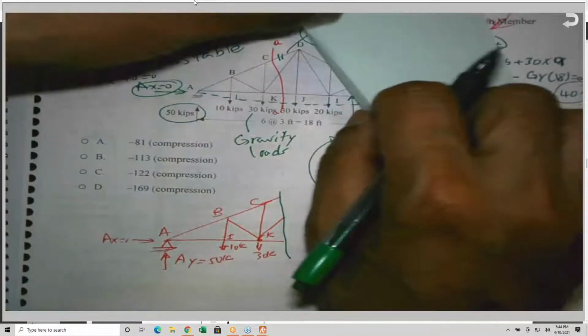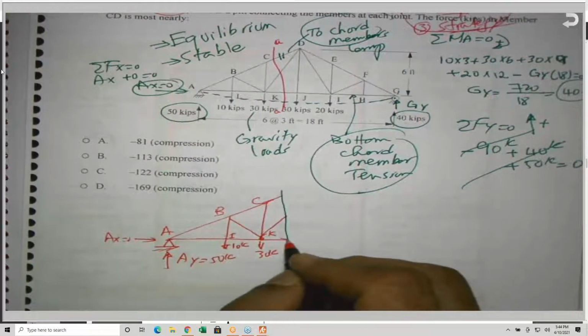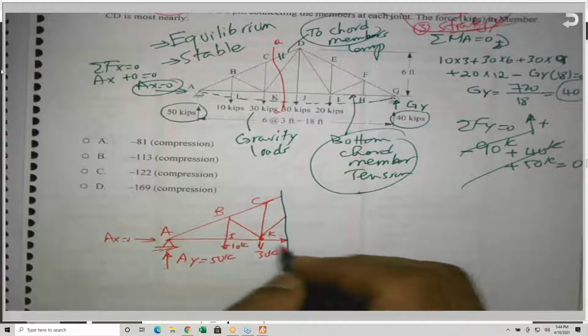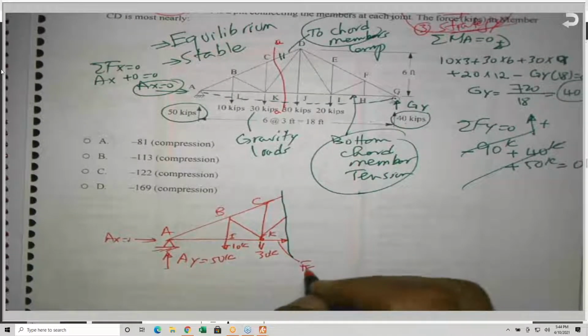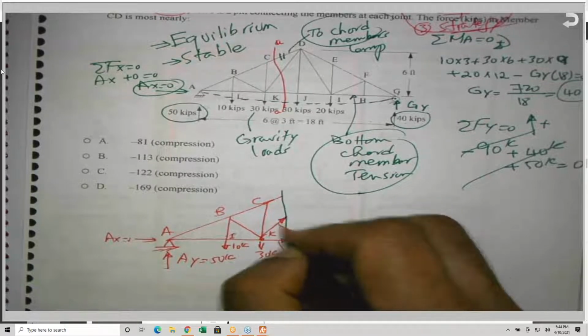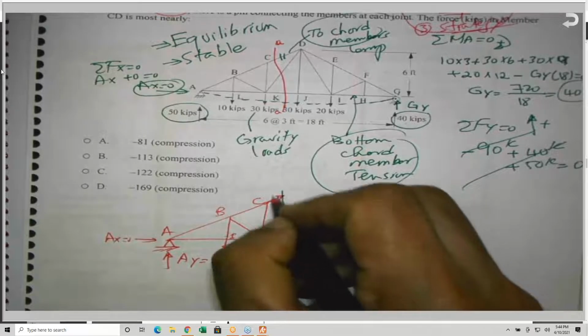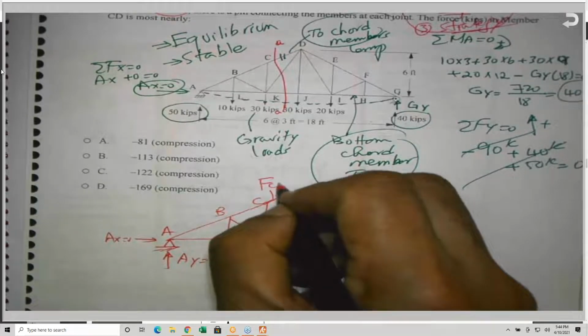So I cut this. The force in this member here is FKJ, the force in this member here is FKD, and this member here is FCD.